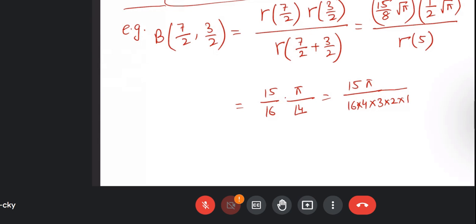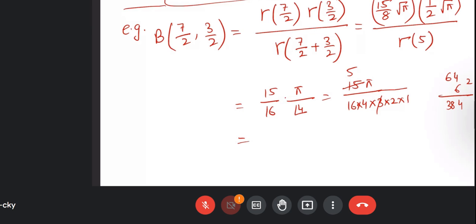Then 16 fours are 64 and 3 twos are 6, and 64 into 6 multiply. 6 fours are 24, 6 sixes are 36, 384. That means 5 by 128. The 3 will be cancelled: 3 fives are 15, 3 will be cancelled.